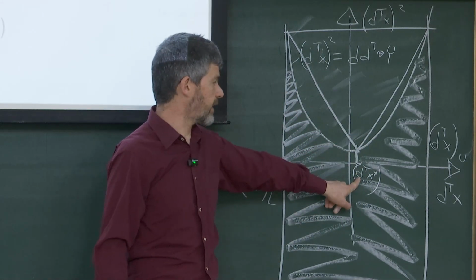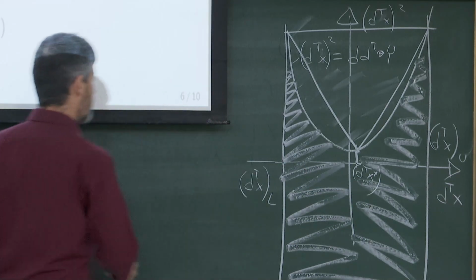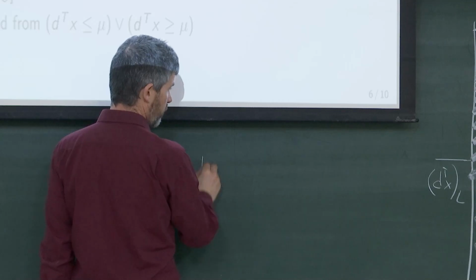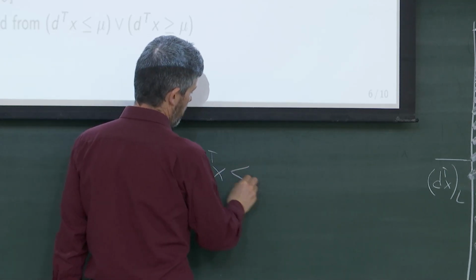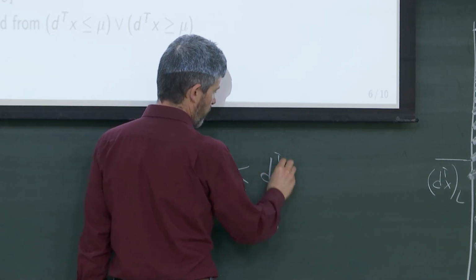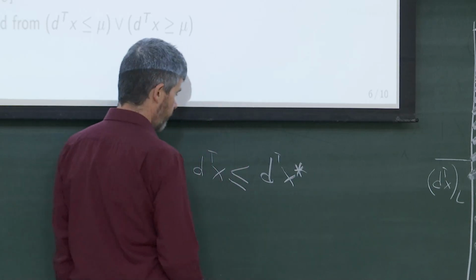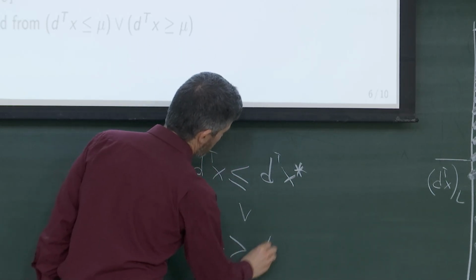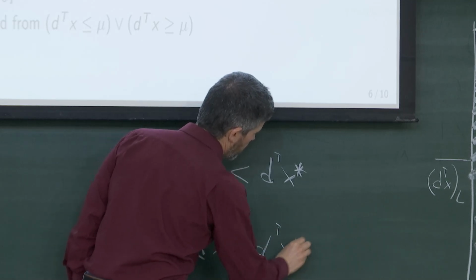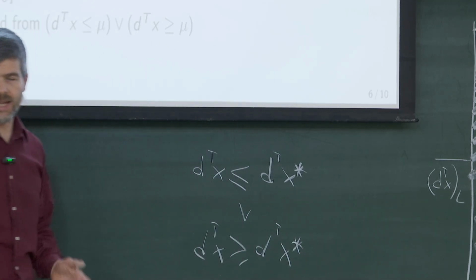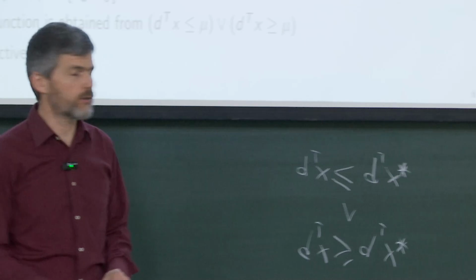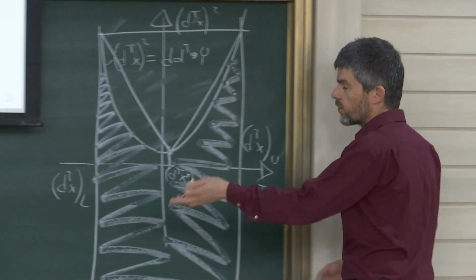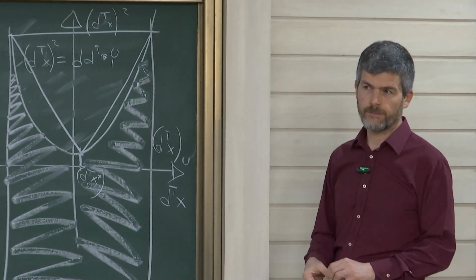So you branch at d transpose x hat. So you impose the branching rule that d transpose x is less than or equal to d transpose x star, or d transpose x greater than or equal to d transpose x star. And you use exactly the same set of techniques you would use in spatial branching when you used it on single variables.